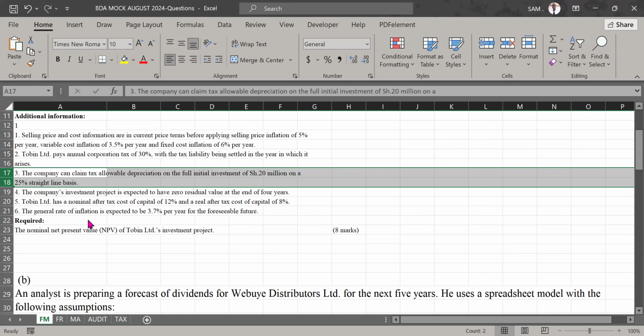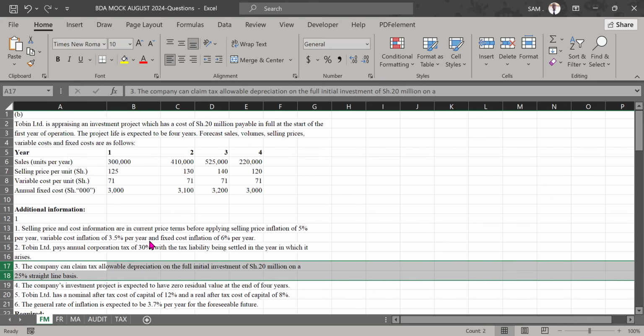Good. Note 4. The company's investment project is expected to have zero residual value at the end of the 4 years. We know what residual value is. That is like salvage value. Residual value is the same as salvage value. So it normally comes at the end of the project life.